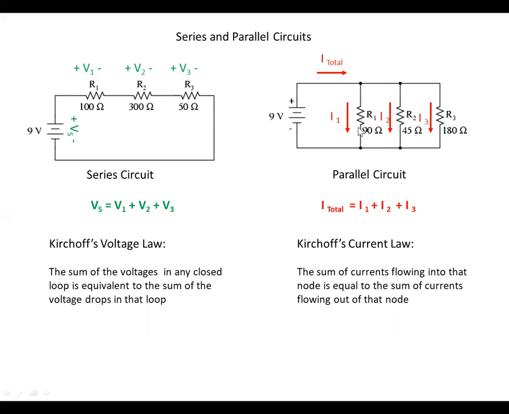And in the parallel case, we've got the 9-volt battery hooked up to 3 resistors in parallel, a 90 ohm resistor, a 45 ohm resistor, a 180 ohm resistor. And what we want to find out is what are these voltage drops across these resistors and what is the current flow through each one of these resistors.